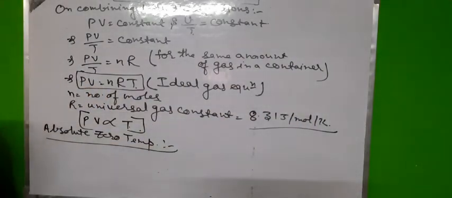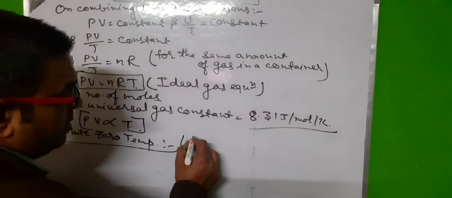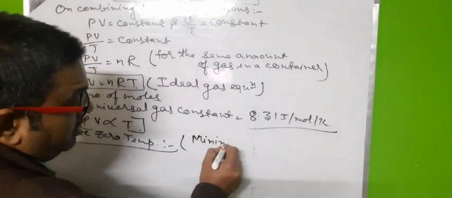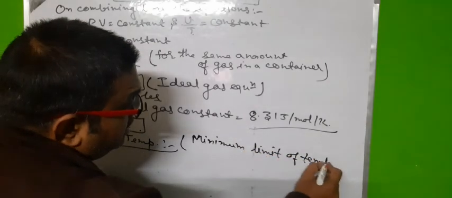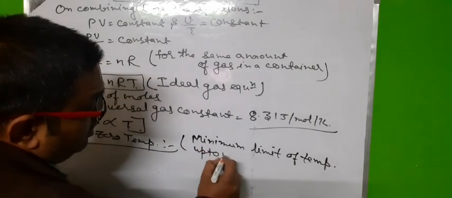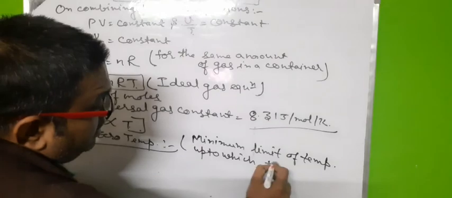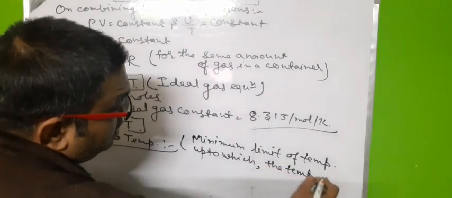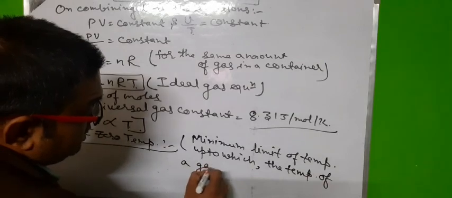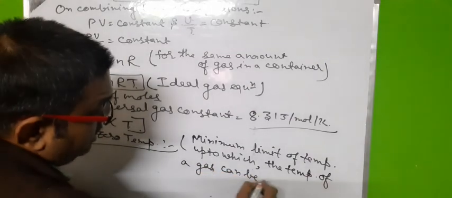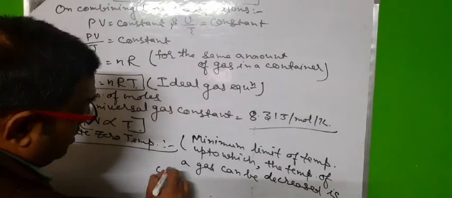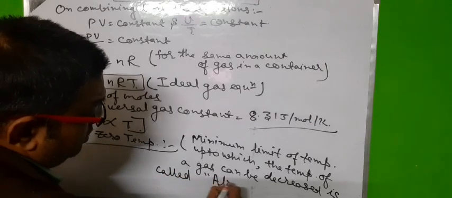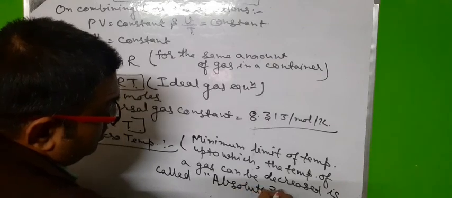So there is a minimum limit of temperature up to which the temperature of a gas can be decreased, and it is called absolute zero.